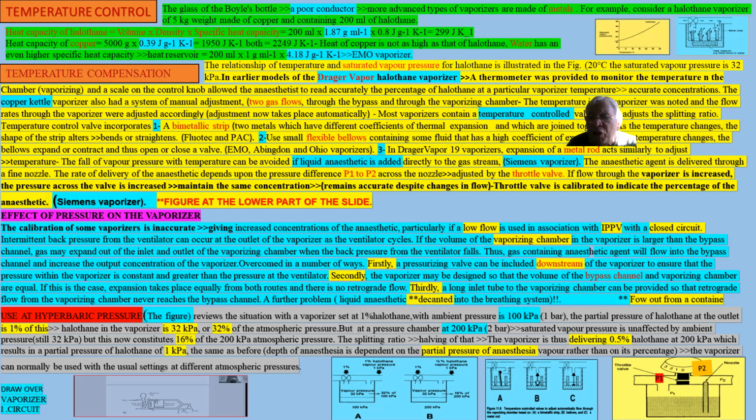This figure changes whenever I use a vaporizer in a hyperbaric chamber where the pressure is 200. The figure we mentioned before, which is 32, will be 16, which means it's half of the one we mentioned before. This will create, with the knob set on one, only 0.5%.